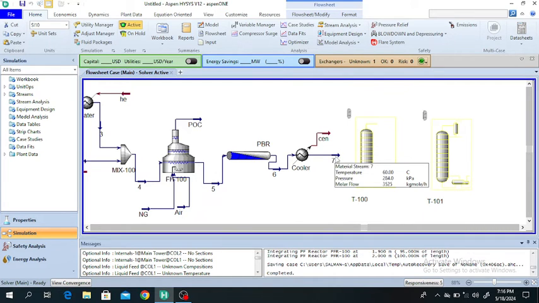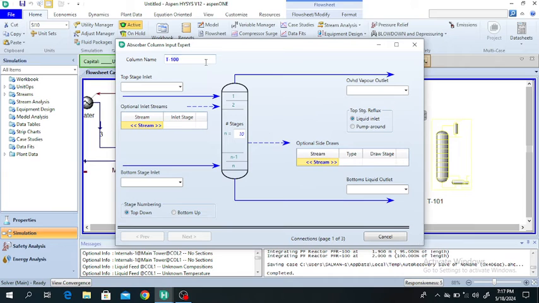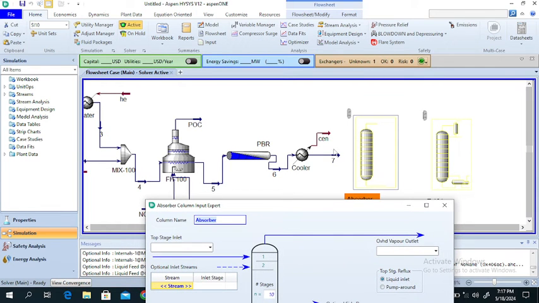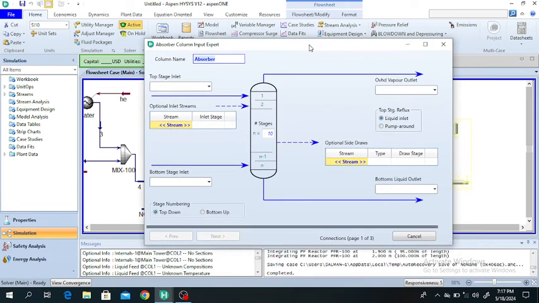Now this stream will pass through the absorption column. This is the absorption column. This stream is now also quite hot, 60 degrees centigrade, so it will enter from the bottom of the absorption column as stream number 7.